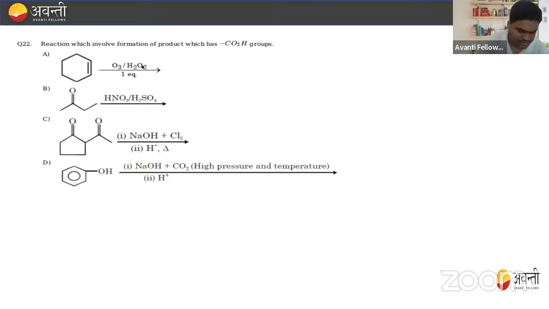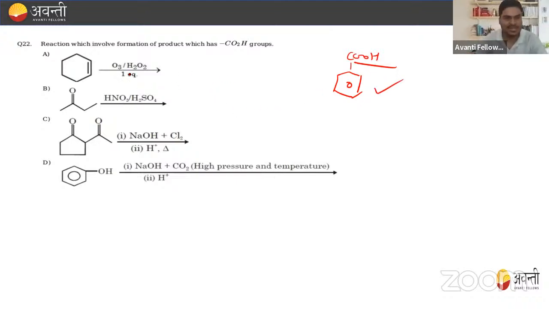Now, move to the next question. In this question, the reaction involves the formation of a product which has this benzoic acid group, right? So in which you get the group like this. That is a benzoic acid group.